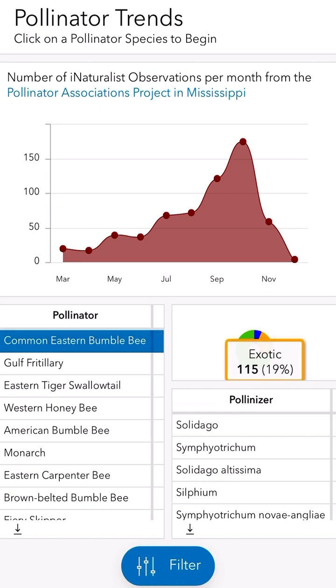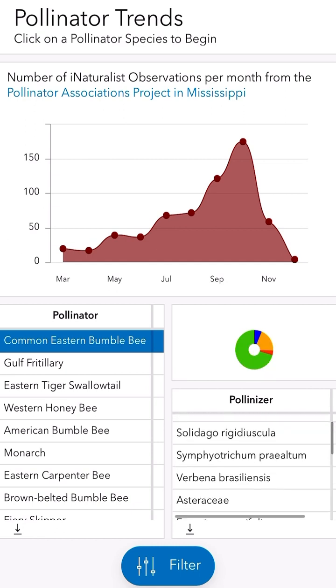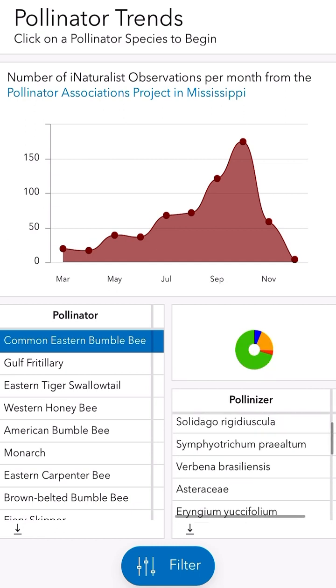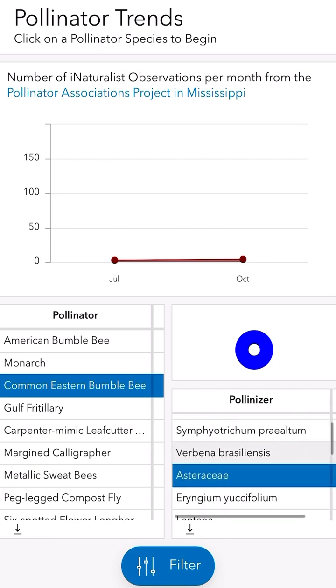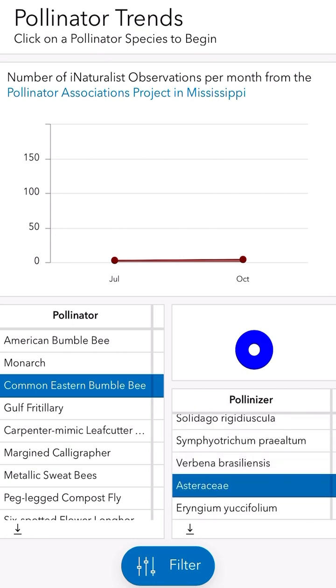There we go. So either is for plants like, we'll say, the Aster family, Asteraceae, which includes both native and non-native plants. Sometimes when there are pictures of just the flower, it's actually difficult to tell what species it is.